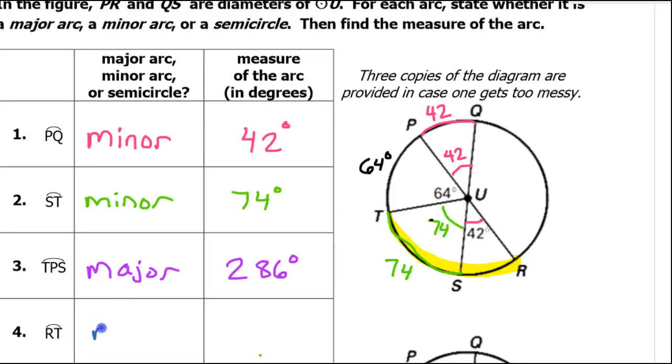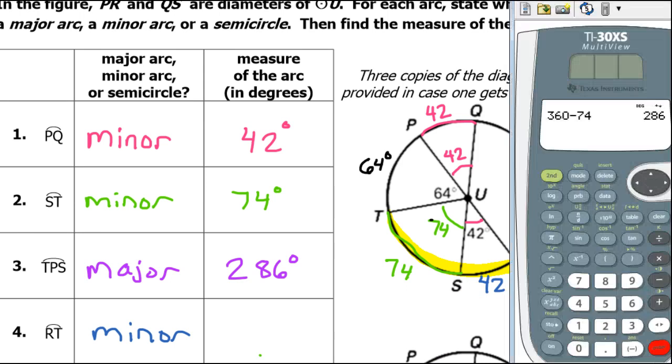So that's going to be a minor arc. And I can see that it is the sum of these two. Okay, so it will just be 74 plus 42. 116.